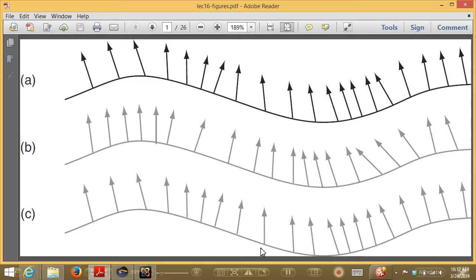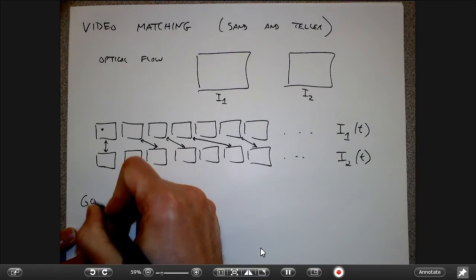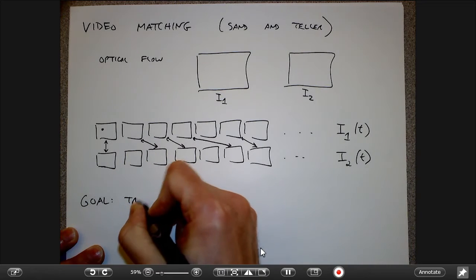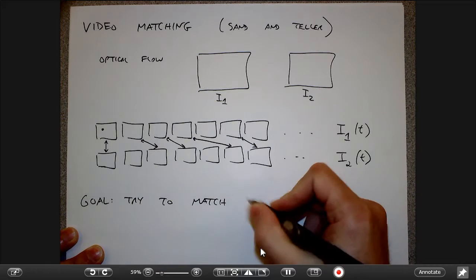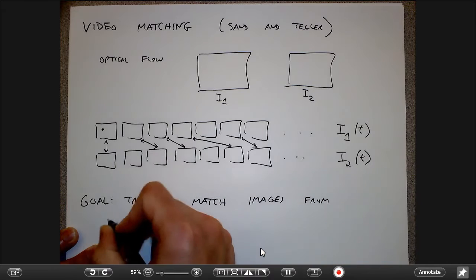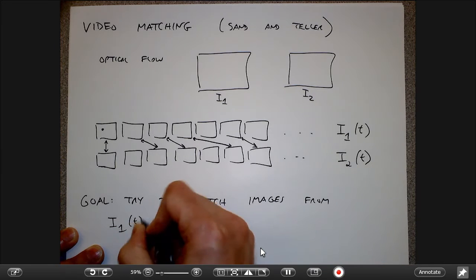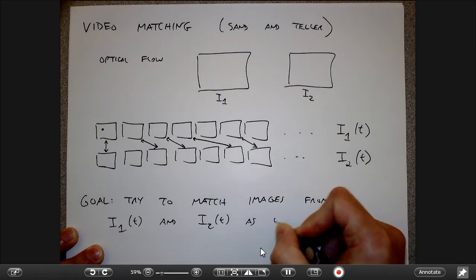So basically, what we want to do, let me go back to my slides here, the goal is to try to match images from I1 of t and I2 of t as well as possible.